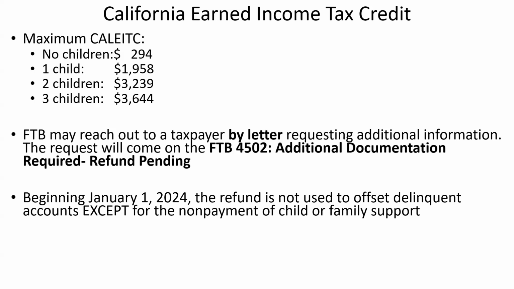But what I tell my VITA clients is, if you get a letter, you want to respond to it. And if you don't understand it, then find someone in your life to help you out. Sometimes that means maybe a smart aunt, smart uncle, or maybe a tax professional, or maybe the low income tax clinic, someone who can help you out.